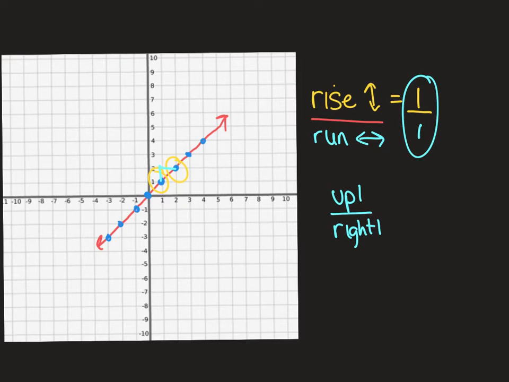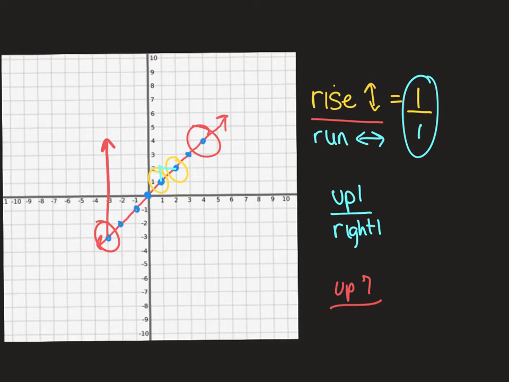But let's say we picked this dot and this dot way up here. First I need to rise. So I'm going to rise how many boxes? Looks like 7 boxes: 1, 2, 3, 4, 5, 6, 7. So I went up 7, and now I've got to run.